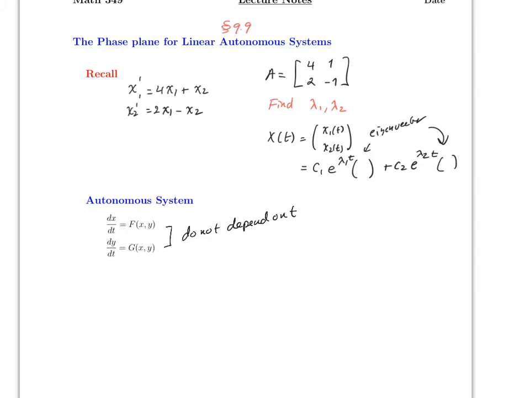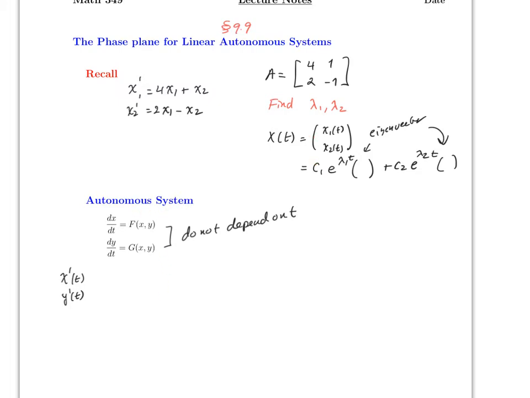Notice that x prime depends on t and y prime depends on t, but the right side doesn't have a t on it. So if the variable t is missing here, this is called an autonomous system.